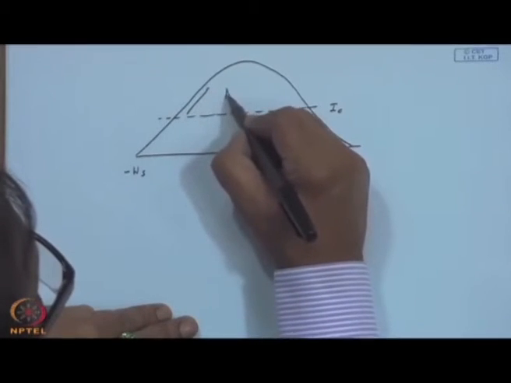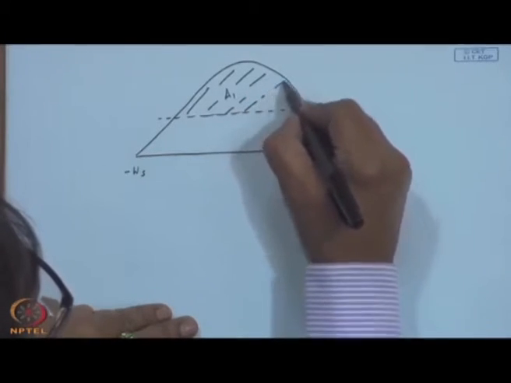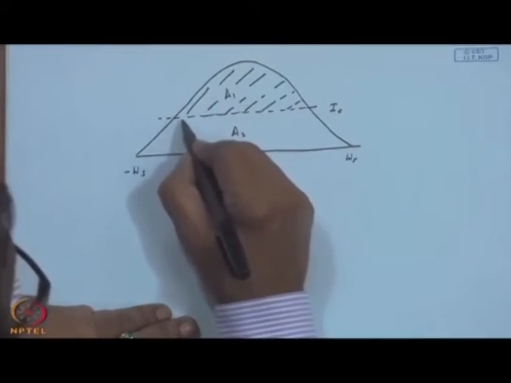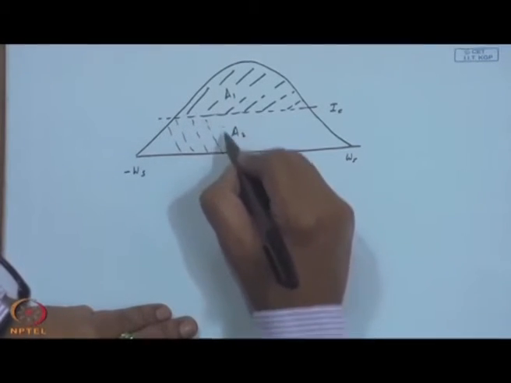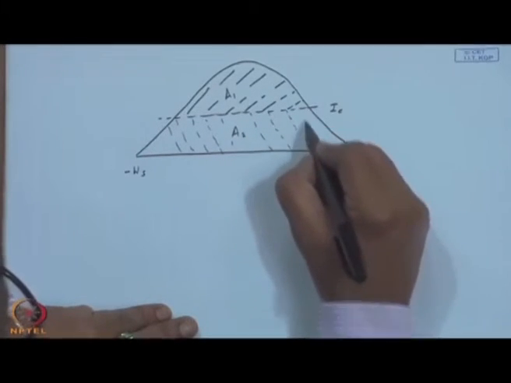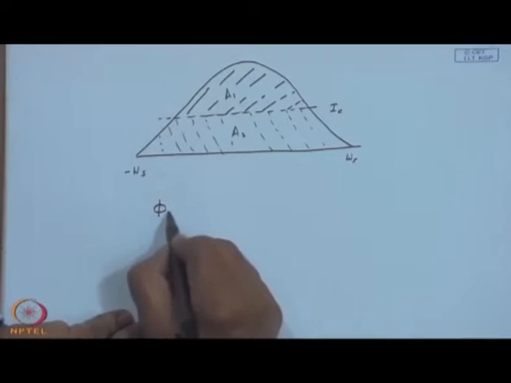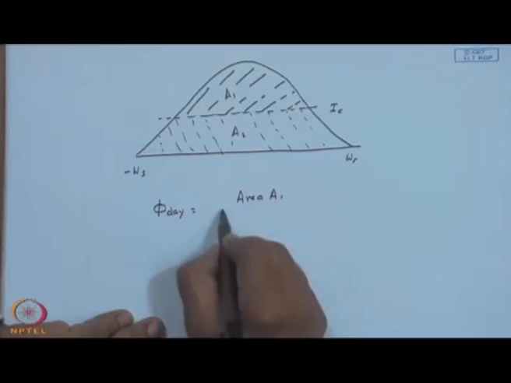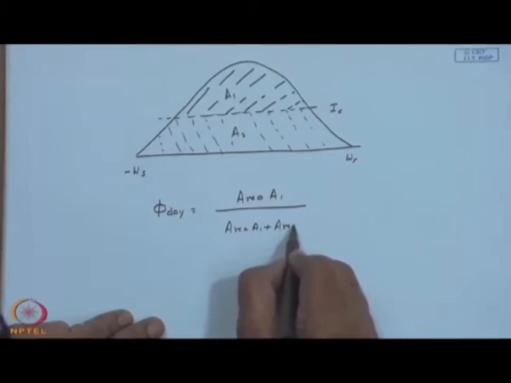Then if this is area A1, and this is area A2 under the line, if it is a single day, utilizability for the day will be area A1 by area A1 plus area A2.